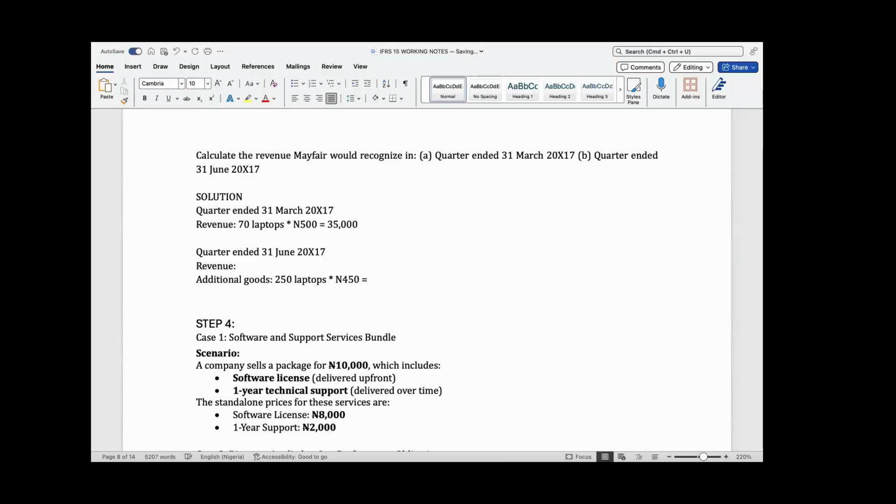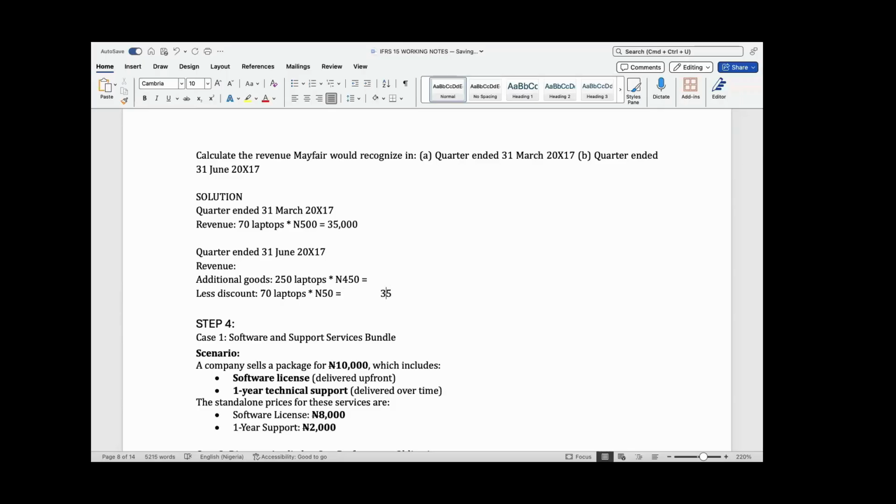Whatever you get, we'll now deduct the discount. The 70 laptops he has bought before, which we sold to him at 500, we'll assume that we are selling to him at 450. So we'll need to remove 15 naira for him, and return that 15 naira back to the guy.